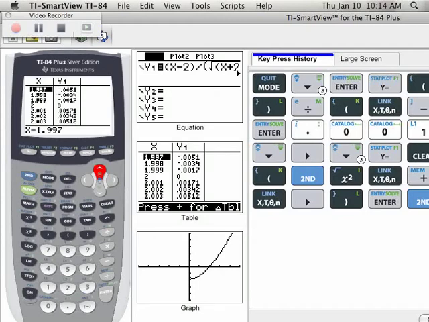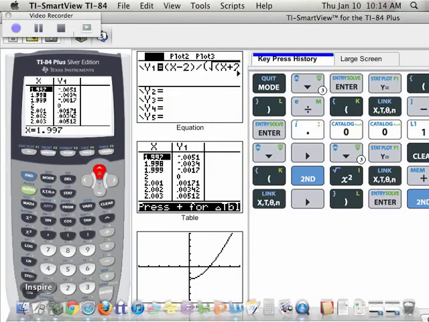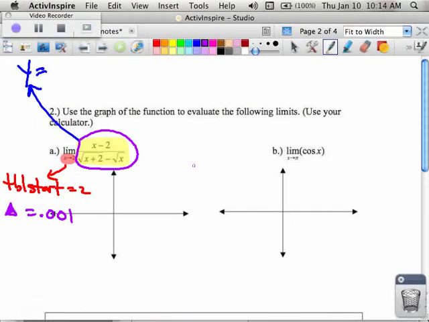Then I go to 2.003 and I see 0.005, then 0.003, then 0.001. Again, getting closer to? 0. What's my limit? 0. So the answer to this problem is that my limit is equal to 0.